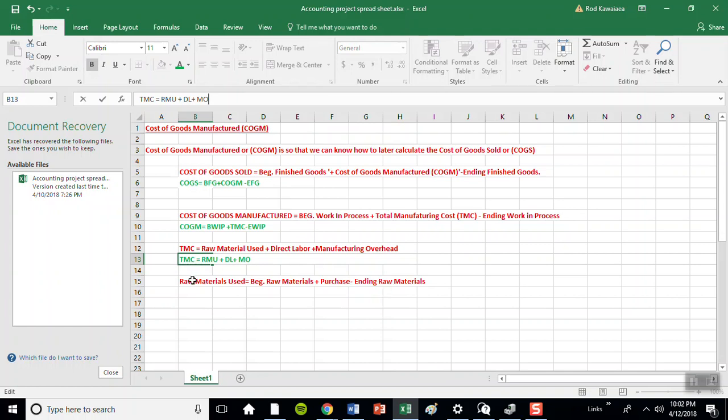To find out how we get our raw materials used, we use the formula: raw materials used, or RMU, equals our beginning raw materials, BRM, plus purchases, P, minus our ending raw materials, ERM.